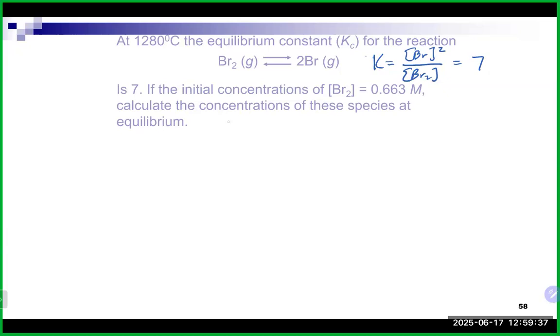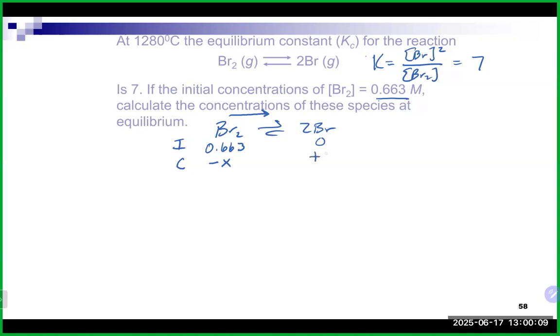Now, I'm going to do my ice table, so I have my equation here. Initially, the only thing given to me is the concentration of Br2, which is 0.663, and this is 0. Now I'm going to go into my change, and my change is going to be minus x, and I know that this reaction is heading in this direction because we only have reactants, so there is no option for it to go in the other direction.